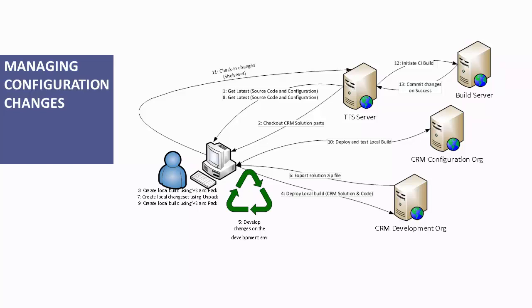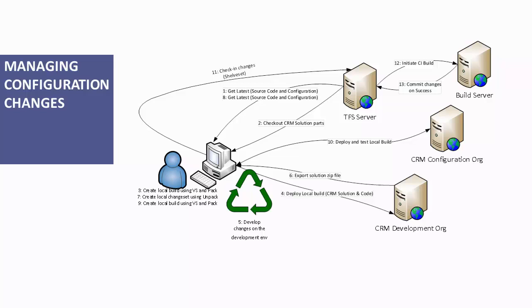Now, in the slide here, I have a very classic example of how you would configure a Dynamics implementation. We have our developer who's working on his local machine along with the TFS server. We have a CRM configuration org where he does the CRM configuration, and we have a development org. So the normal process is the user goes in and does all the data model and package-based changes in the CRM configuration org.